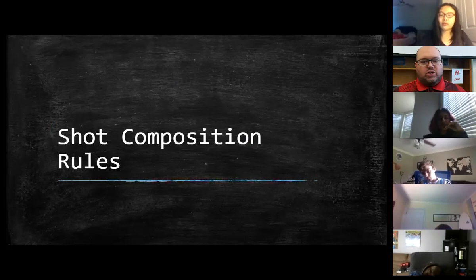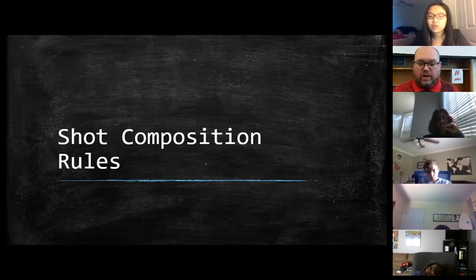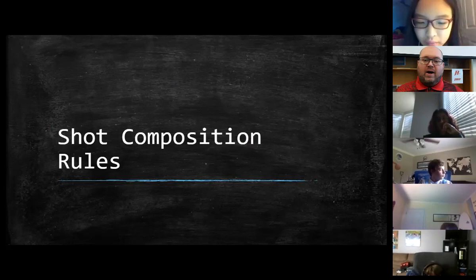So shot composition means how your image, what you see on your camera, how all that is made, how it's all composed, how it's all created. It has to do with all the things that you have in your shot, from background items, midground, foreground items, your subject or main character, and where those things are placed.